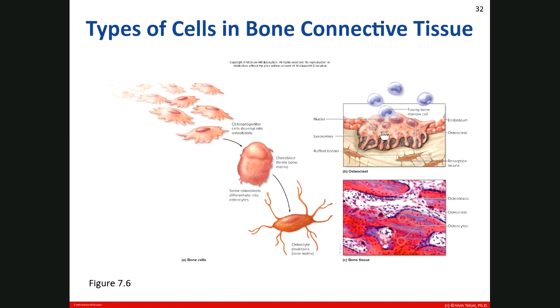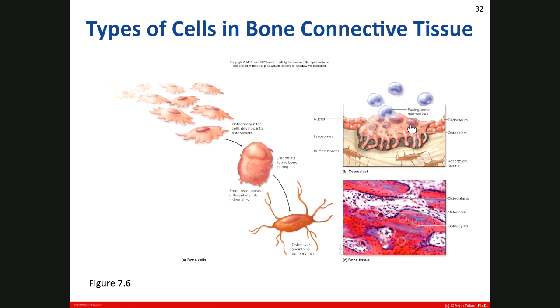The monocyte comes out of the bloodstream, goes to the bone, and the name is changed to osteoclast. As you see here, the cell is very large. We have many nuclei in the cell. And this cell is like macrophages. It can do phagocytosis.